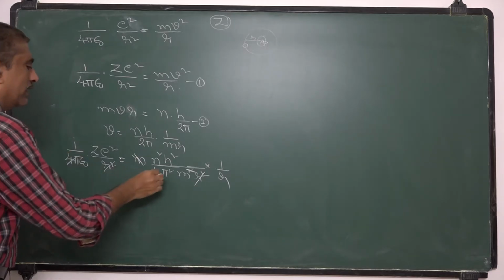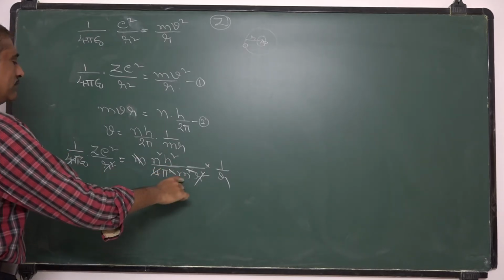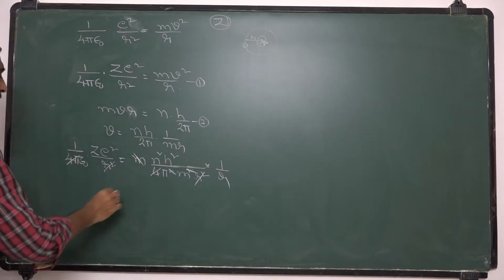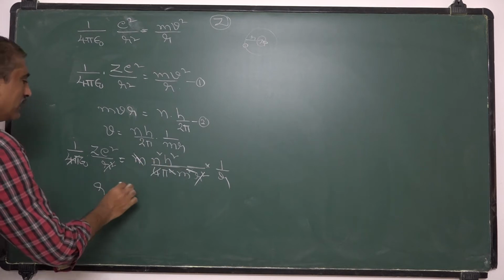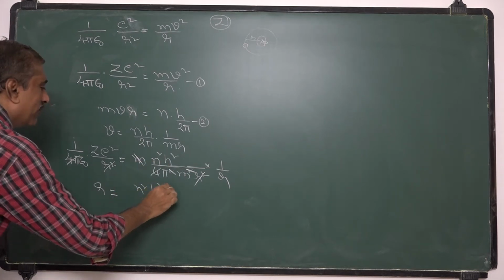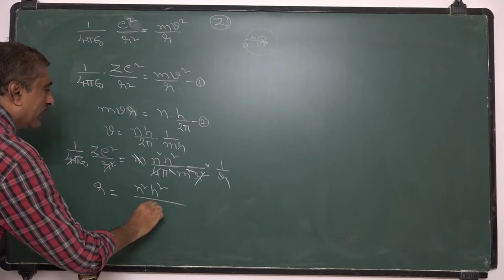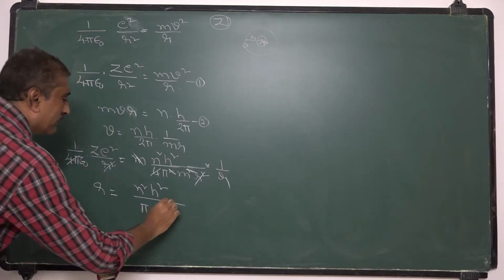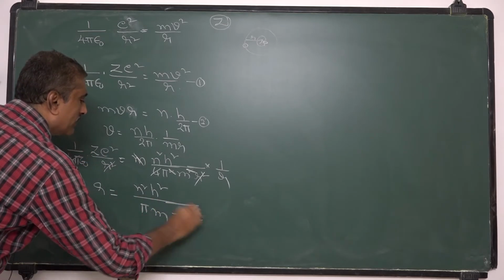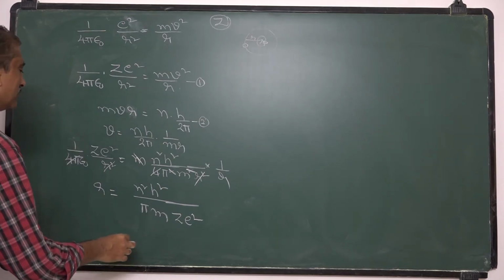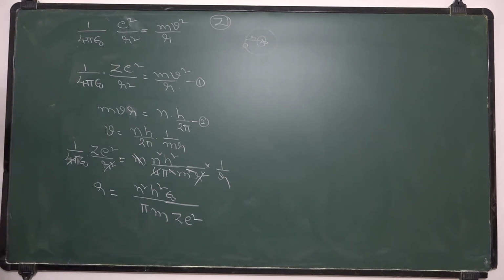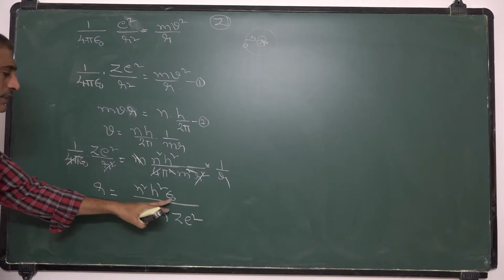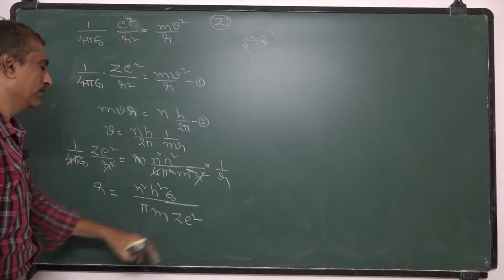This 4 pi will get cancelled and there remains m. Now the radius of the orbit r is equal to, from this equation, n square h square epsilon naught by pi m Z e square.